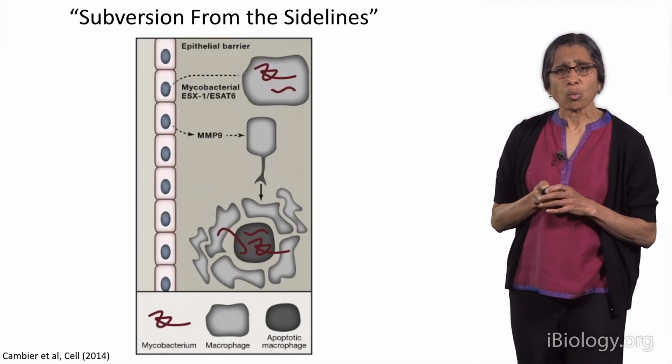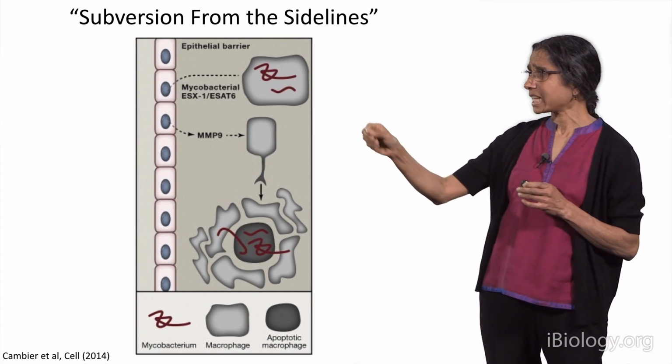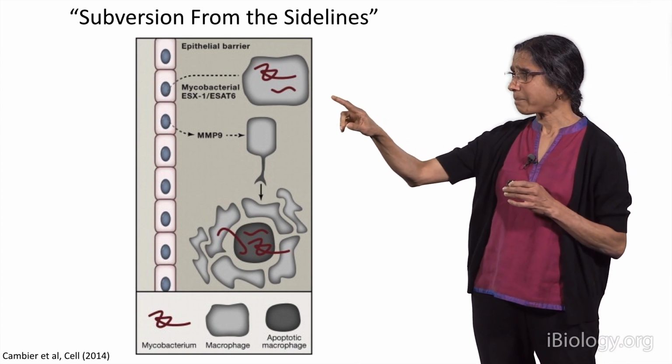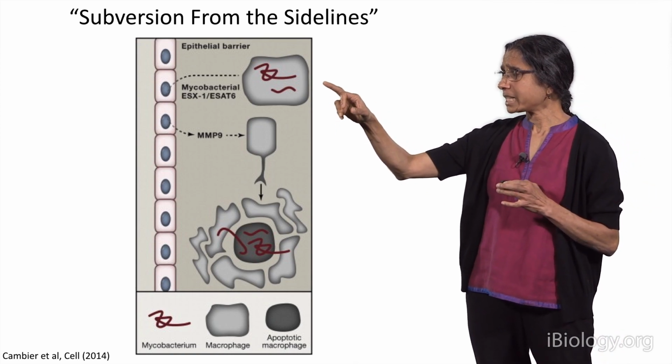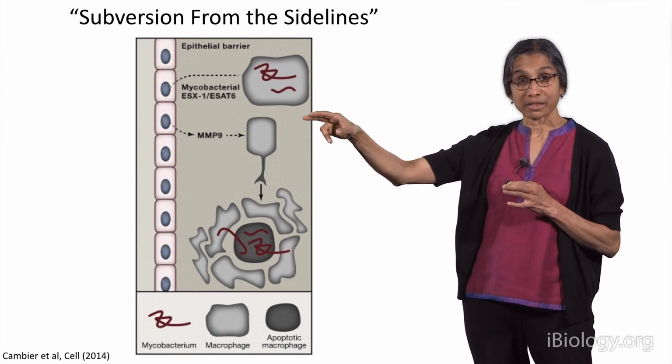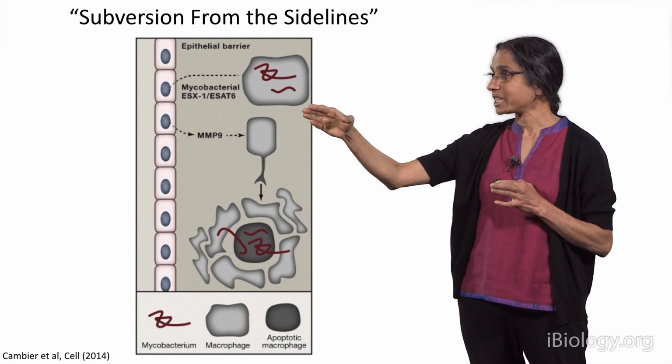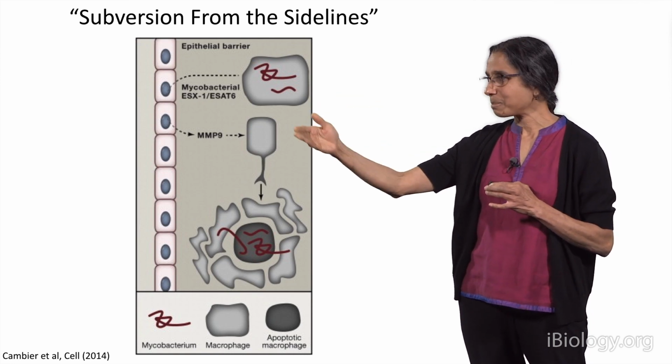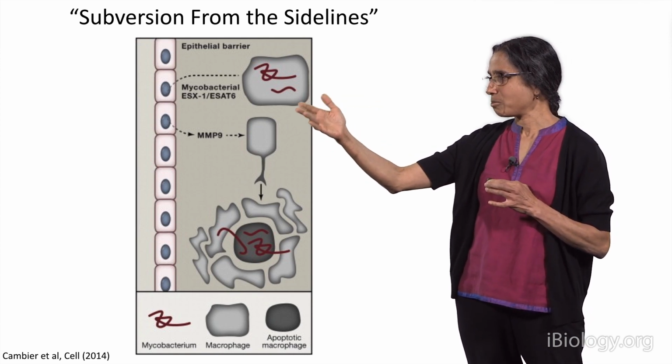And so what seems to be happening is that an infected macrophage secretes something from that secretion system that goes and talks to the epithelial cell and induces it to make MMP9. And the MMP9 now calls in new macrophages.